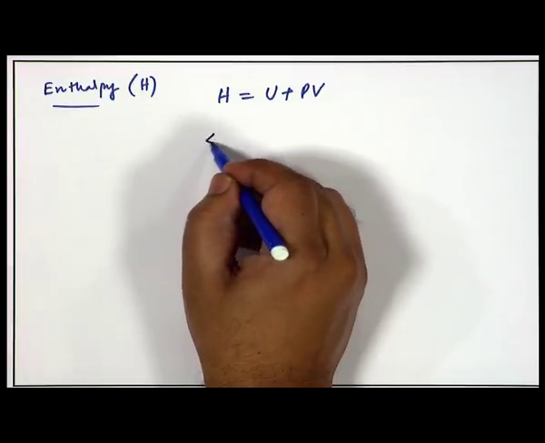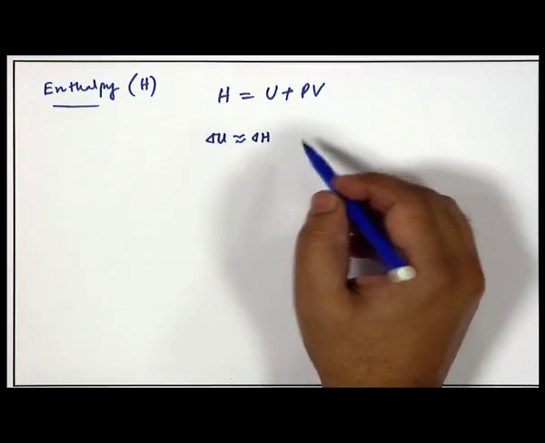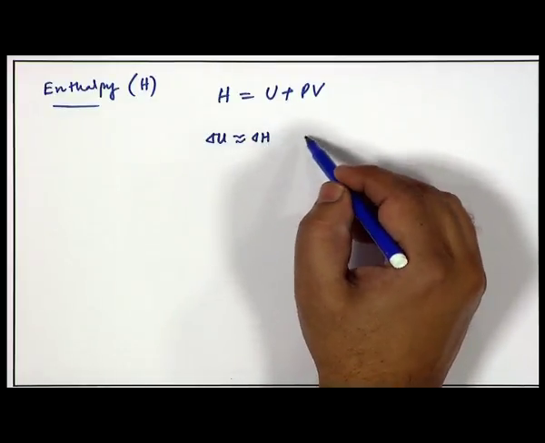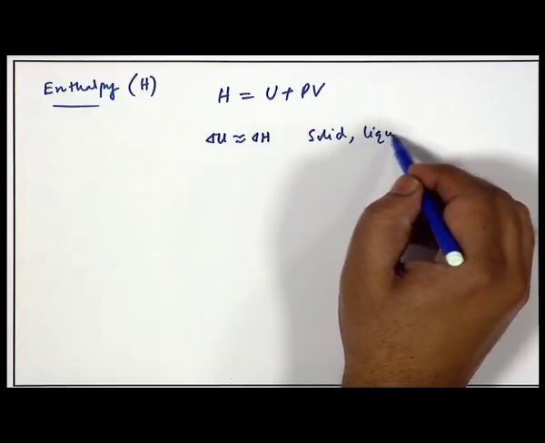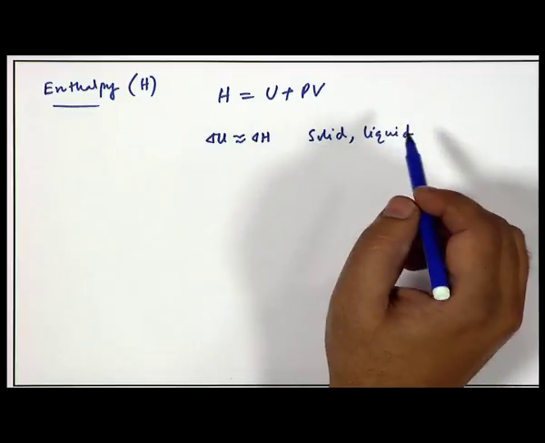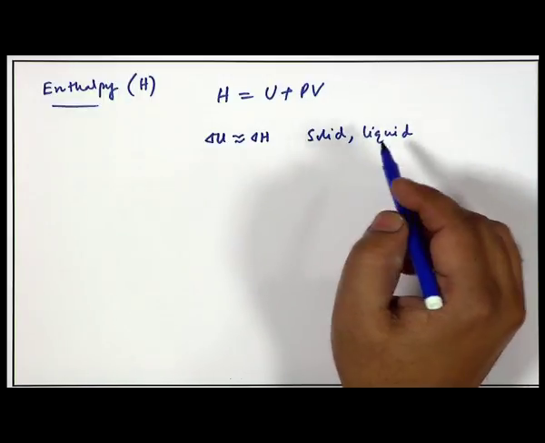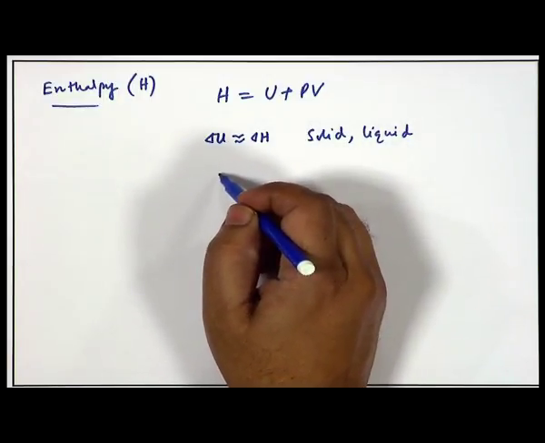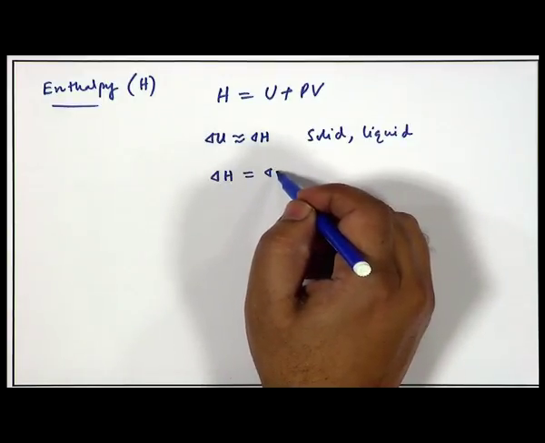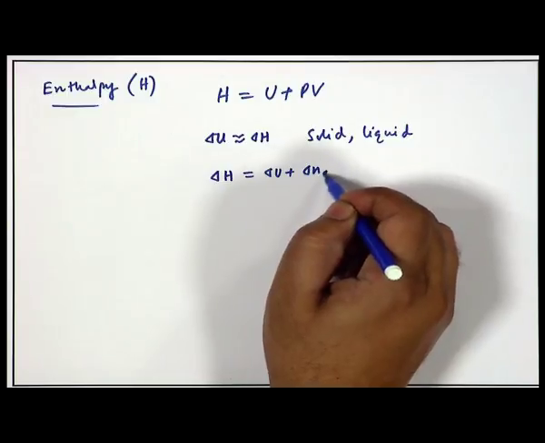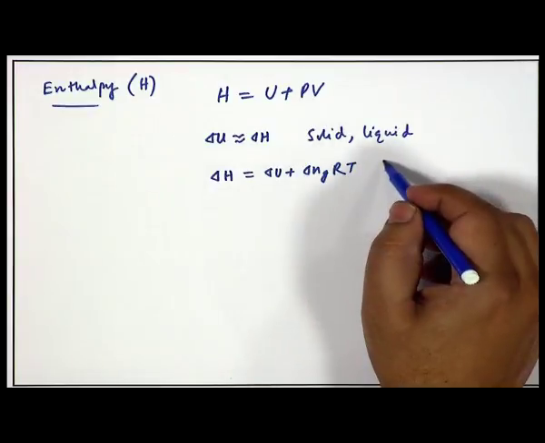We also have seen that del U is almost the same as del H for solids and liquids, as we are ignoring the volume change in a process for solids and liquids. But for ideal gas, del H is del U plus del n_g R T, where del n_g is the change in the number of moles of gas.